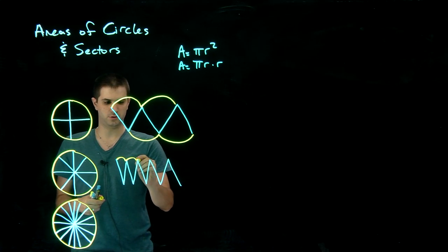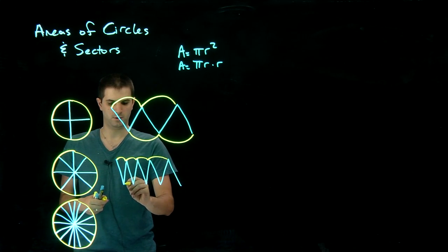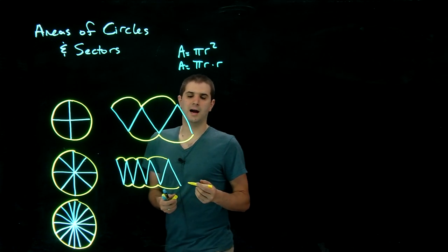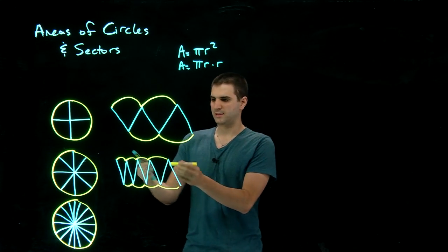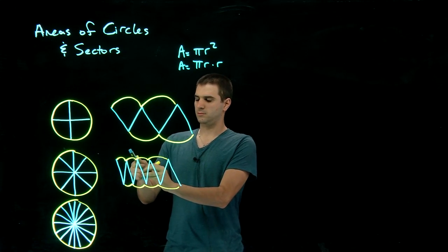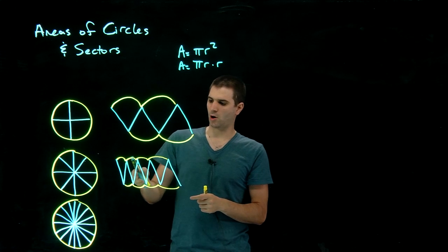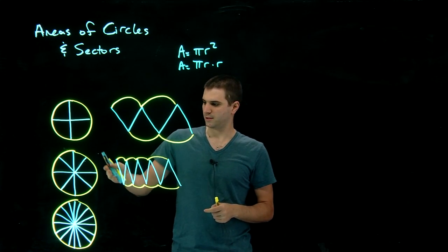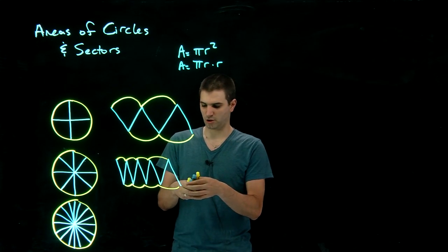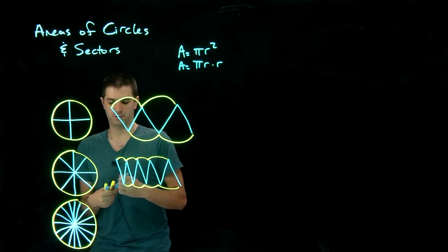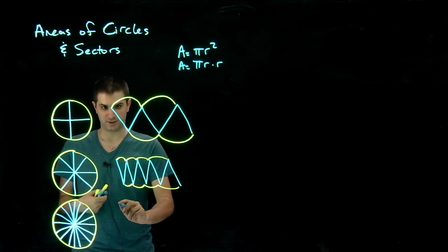So 1, 2, 3, 4. 1, 2, 3, 4. And in a perfect world, I would be drawing these exactly, this yellow distance should be the same here and here, and all of these blue lines should be the radii, so those should all be the same. And what you see here is a pattern starting to develop. I hope you see that.